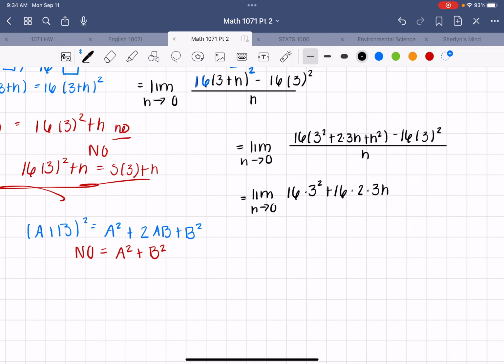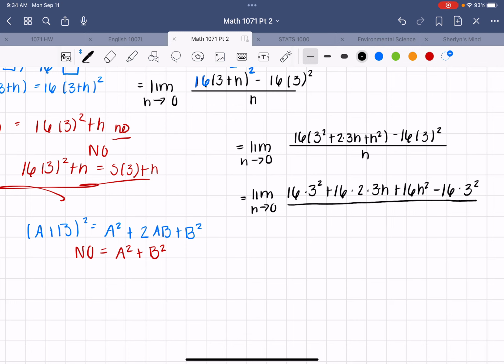And now you see the cancellation. 16 times 3 squared, subtract 16 times 3 squared. And now we just have 2 terms left. Let me recopy. You've got 16 times 2 times 3h plus 16h squared all over h.